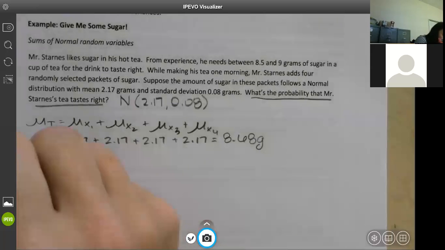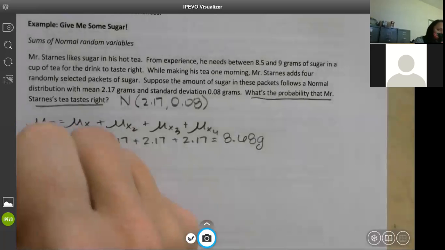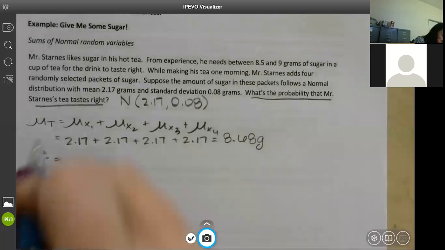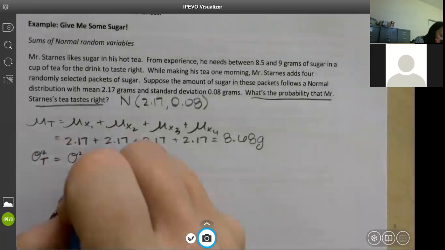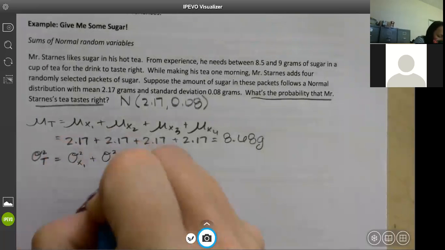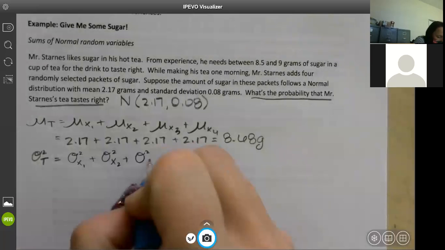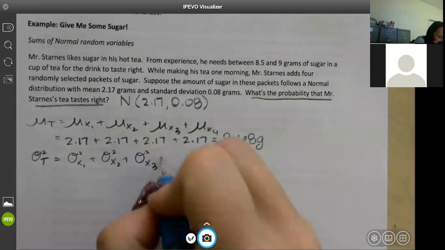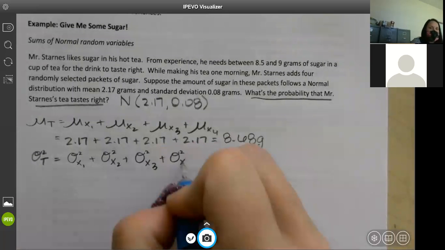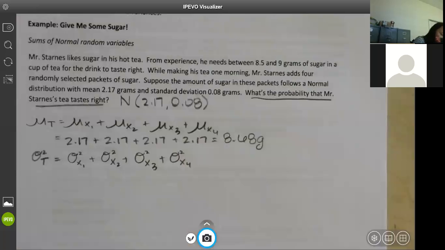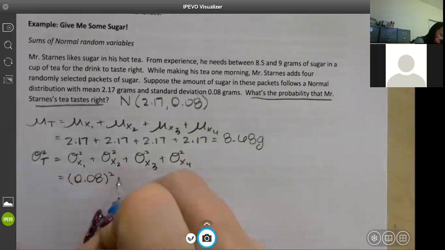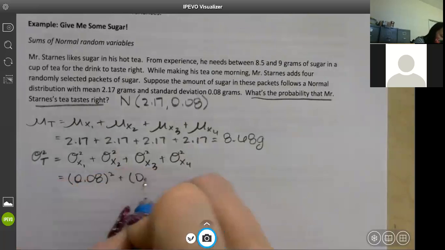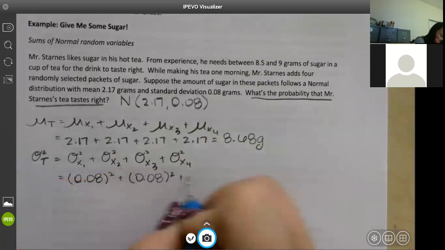To find the standard deviation, we have to do the variance first. So we're going to do the variance of X1, the first packet, plus the variance of the second packet, the third packet, and the fourth packet. Our standard deviation of one little packet is 0.08, so we need to find the variance of that 4 times and add it together.